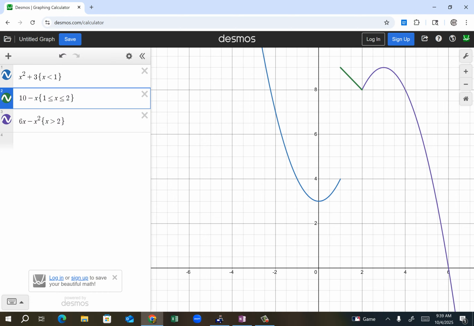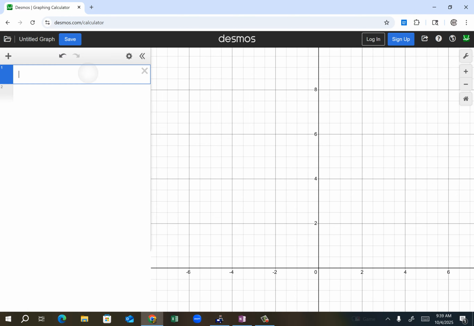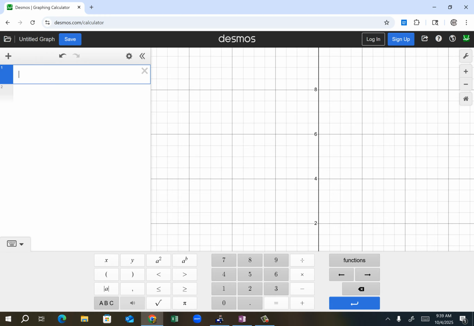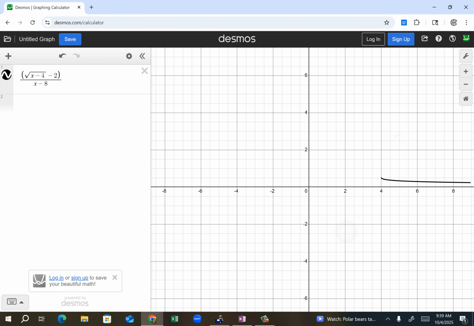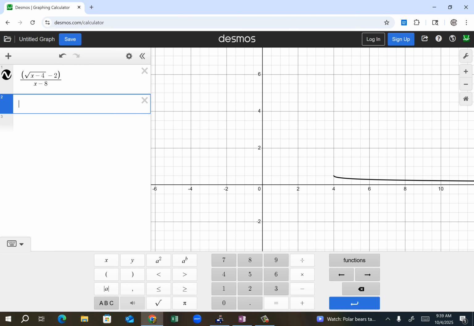If you don't believe me, take desmos.com and enter the parentheses, square root of x minus 4, minus 2, divided by x minus 8, and you get that thing. Nice. And you get the other one, which was 1 divided by the square root of x minus 4, plus 2.